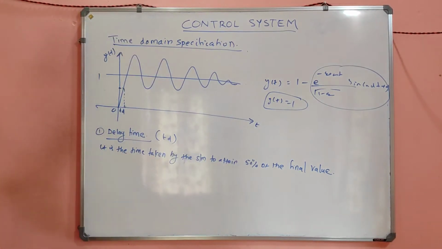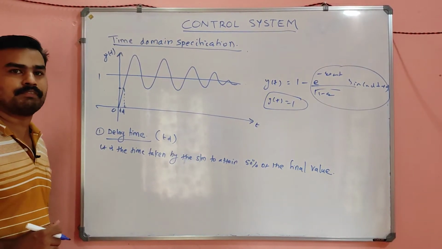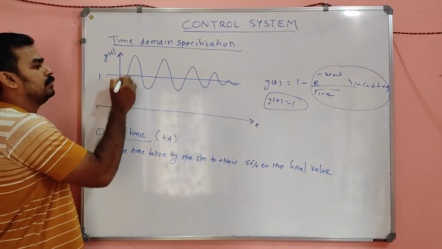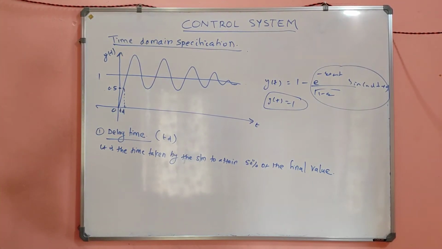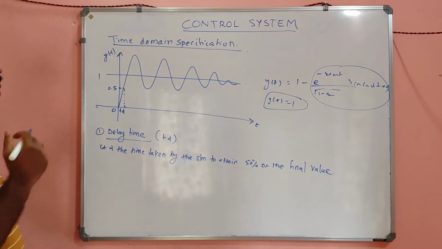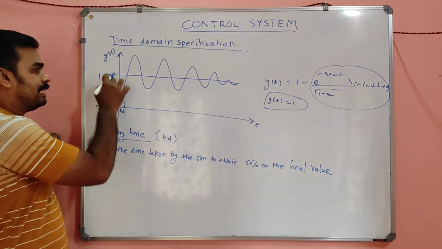It is the time taken by the system to attain 50% of the final value. 50% means, my dear, this will be 0.5. Is it clear? So the magnitude will be 0.5.